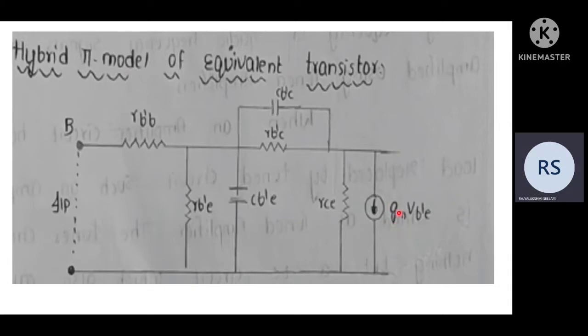Here GM is the transconductance, and V B dash E is the voltage across the input resistance. Here we have R B dash B, which is the extrinsic base resistance, and R B dash E, which is the input resistance. And we have C B dash E, the base to emitter capacitance.